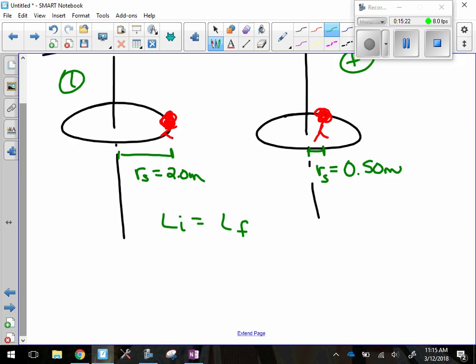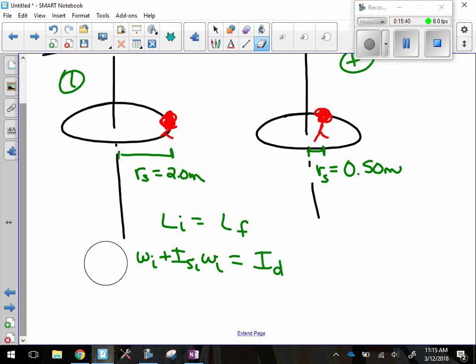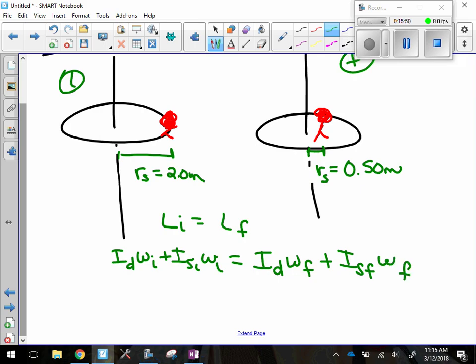I omega. Okay, so I'm going to have I disk initial times omega initial, since everything's rotating at the same rate, plus I student initial omega initial. And that's going to be equal to, in fact, I'm just going to make it be I disk, because the disk itself doesn't change. I disk times omega final plus I student final times omega final.